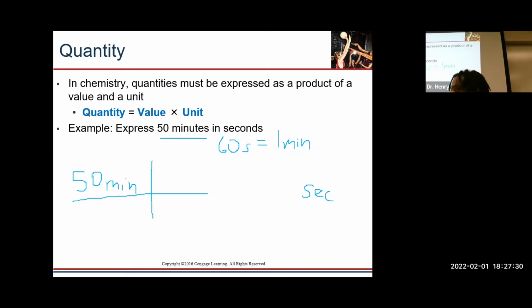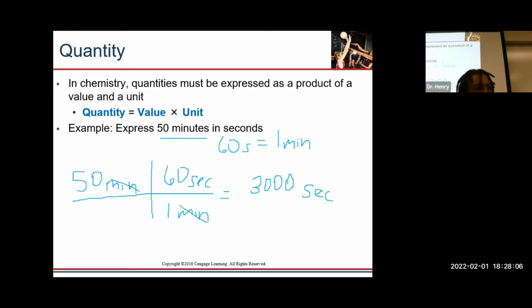On top or on bottom? And I'm going to put my 60 seconds on top. Okay. Questions? So my minutes cancel out, and I'm left with just seconds.